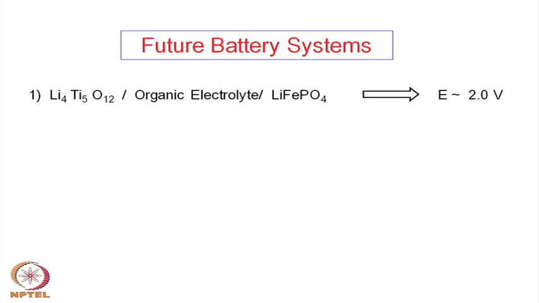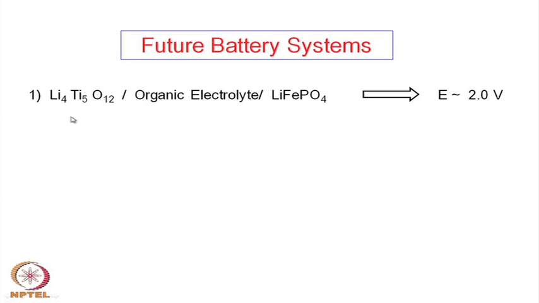What I want to point out here, we have discussed this as the cathode material, and we have seen some of the results where graphite has been used as the anode material, right. But there is a possibility in this also as a cathode material. Okay. This is also a cathode material which can replace lithium cobaltite, right, but its voltage is very low, about 1.5 volts or so.